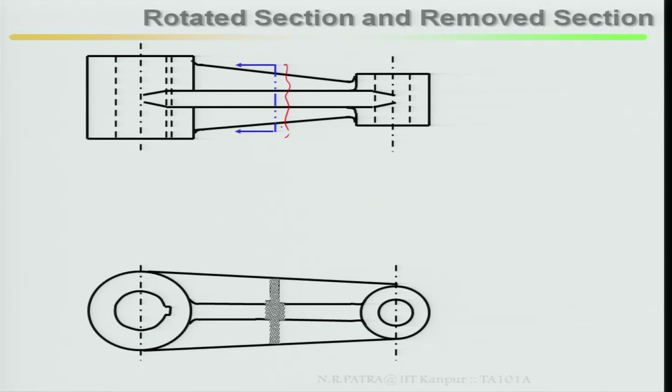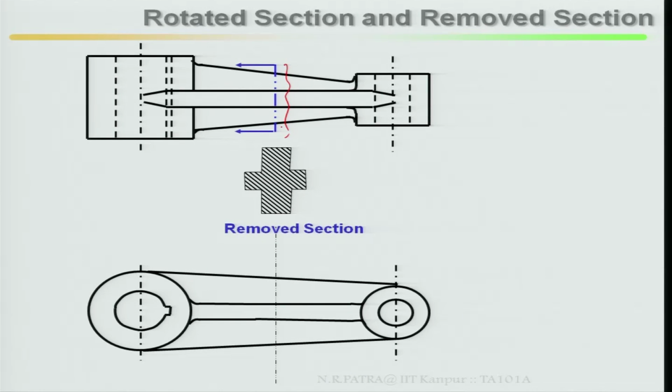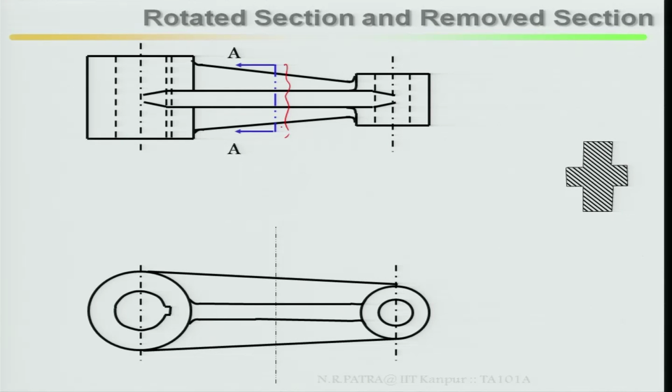Front, rear, rotated sections. Then take the sectional view out, remove the sections. Then this is your sectional view at AA, then draw it somewhere else. What does it mean? This is a rotated removed section at AA, shown separately.